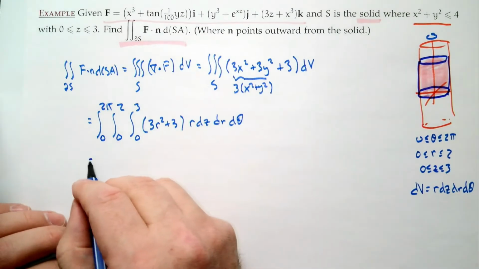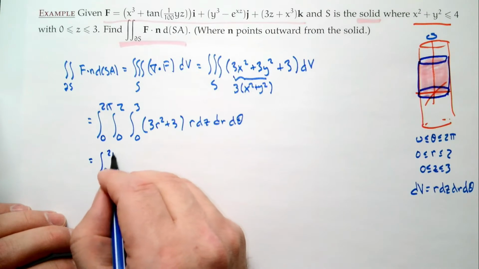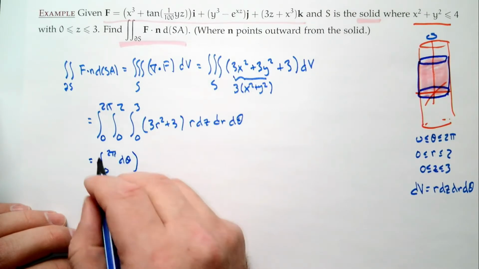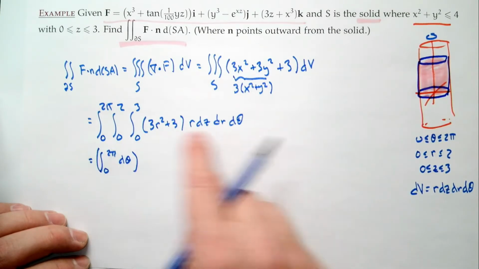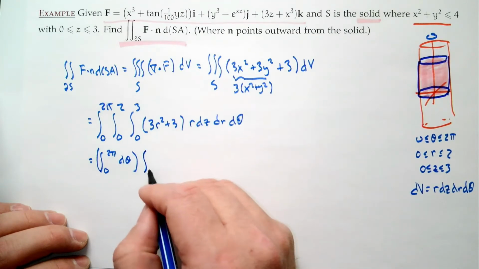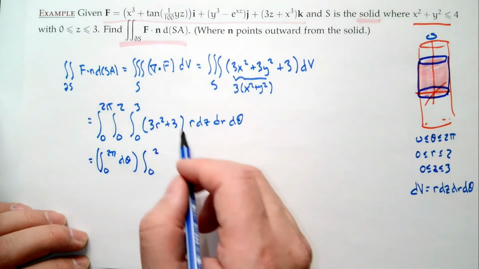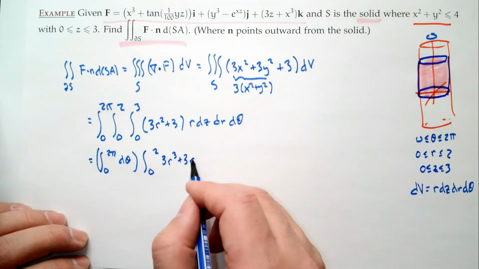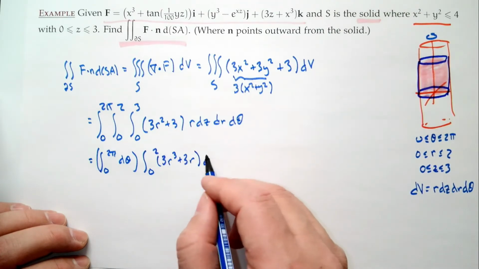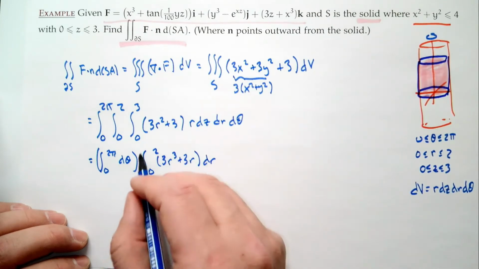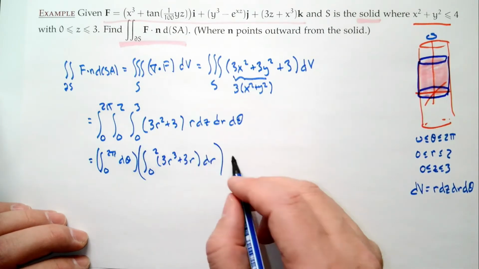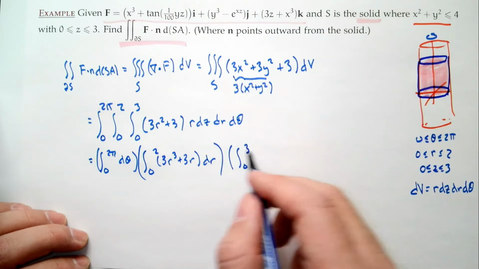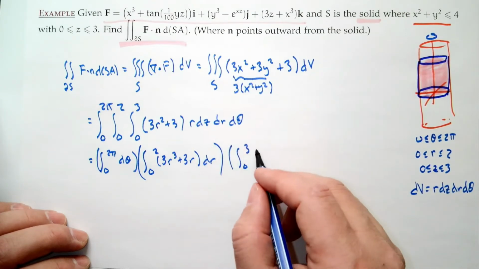So this is the integral 0 to 2 pi d theta, the only thing that involves theta. Then we have the integral 0 to 2, and I'll multiply this r through, so we get 3r cubed plus 3r dr. And the last part is 0 to 3 dz.